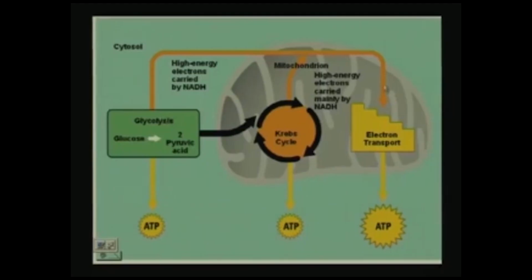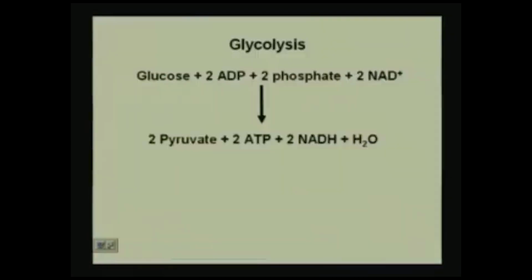So the mitochondria is in the cell, the cytosol is where the glycolysis steps occur, and in the mitochondria we have the Krebs cycle and electron transport. The electron transport occurs in the inner mitochondrial membrane, where we have complexes 1 through 4 and the F0 F1 ATPase that creates the ATP from the proton motive force.